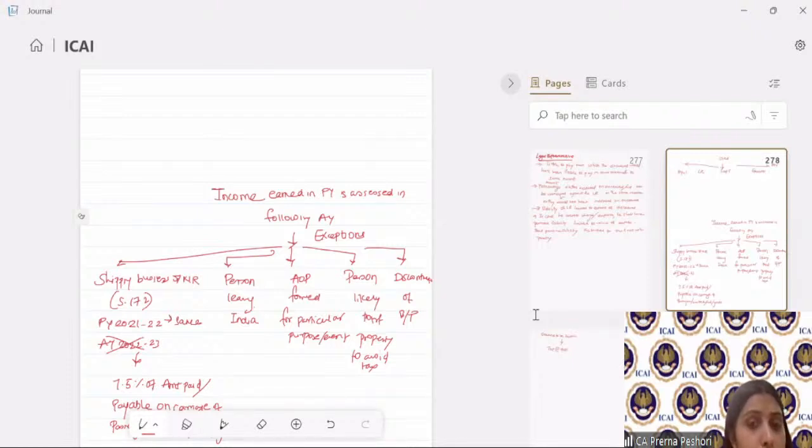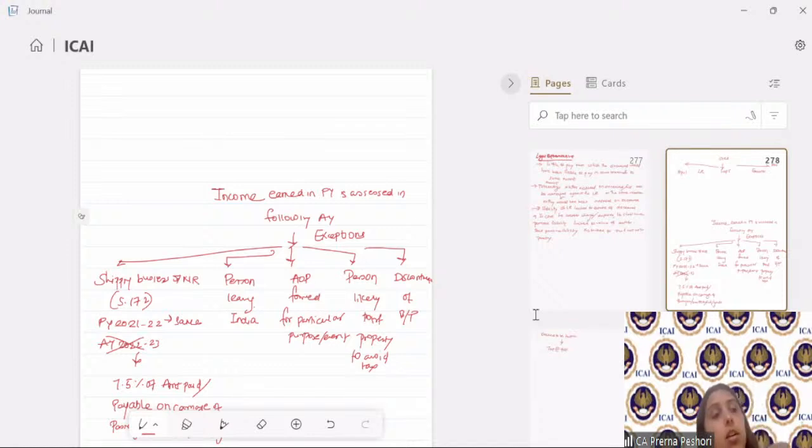Is that clear? With respect to private companies, as I said, the directors are liable jointly and severally. In case of partners of the firm, the partners are liable jointly and severally. But the directors, if they prove that the non-recovery of tax is not attributable to any negligence on their part, then the liability cannot be imposed on the directors of the company.